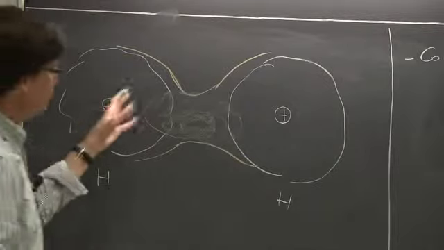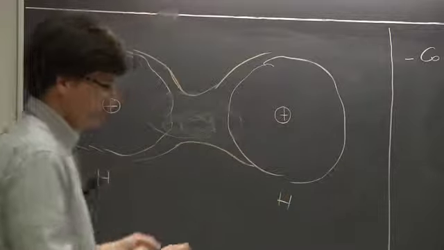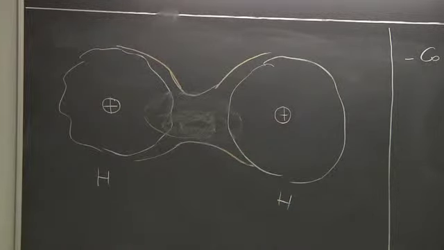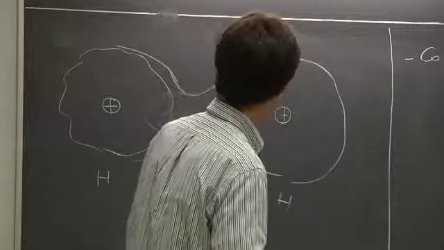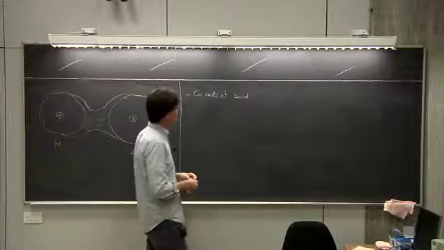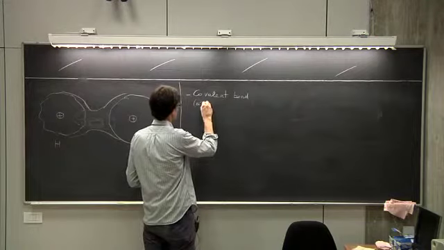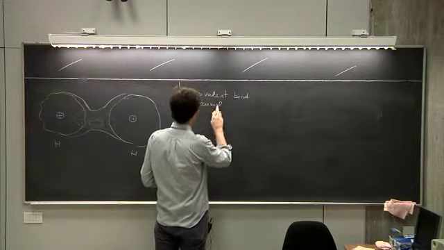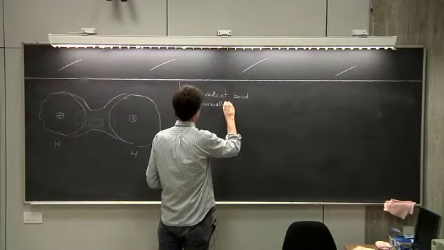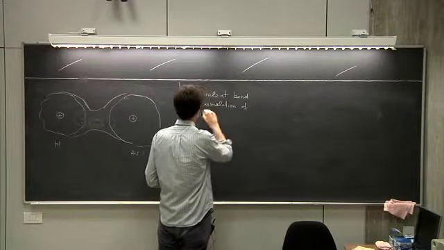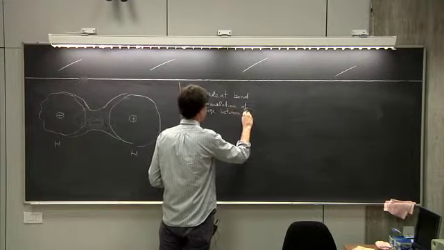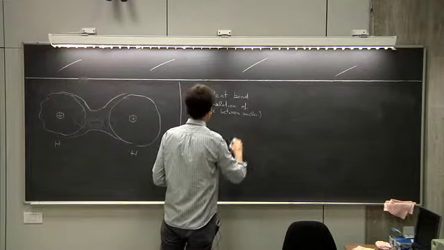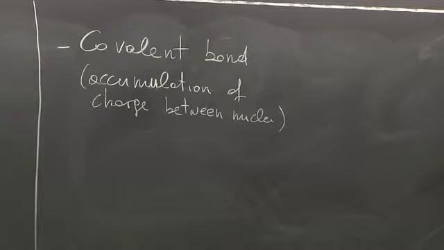And of course, in the process of doing this, the energy will be minimized, will be lowered with respect to the energy that the two atoms had at the beginning. So the covalent bond typically corresponds to a redistribution of the charge and to an accumulation of charge between the nuclei, and of course, as a consequence of this, you have a reduction of the energy of the system.